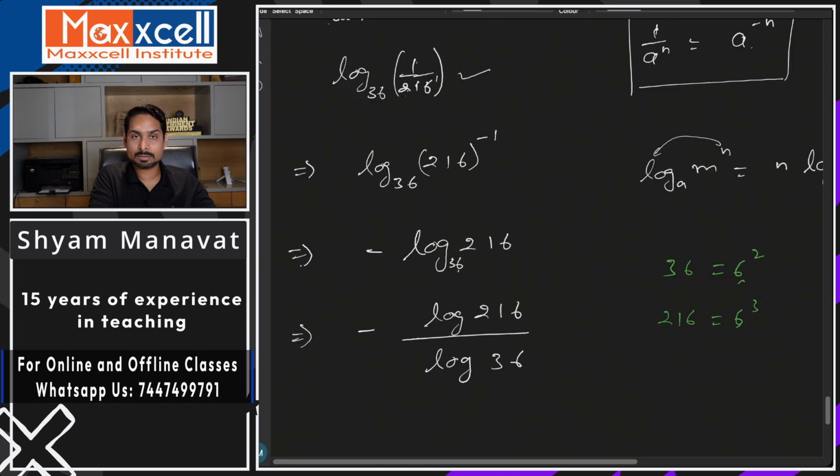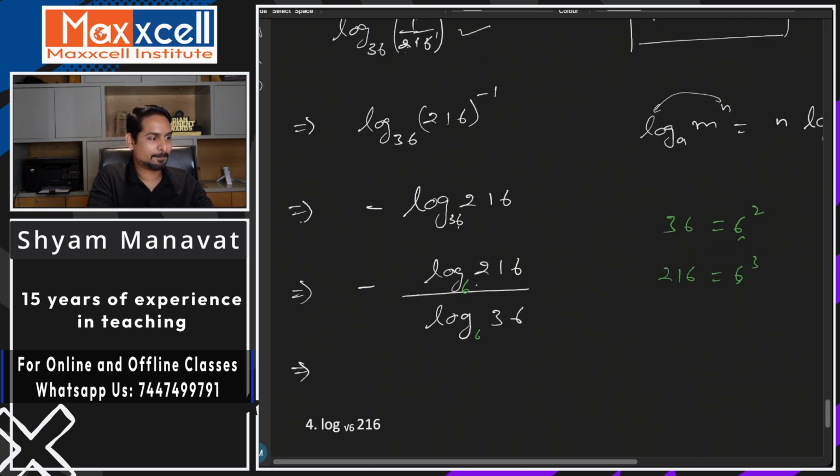Now I want to introduce a new base, so I write the new base as 6 and 6. This new base can be anything, but it should be useful to simplify it further. Don't make it complicated by introducing some other base. Like if I introduce base 2 here, that will again make it complicated. So use this property to simplify further.